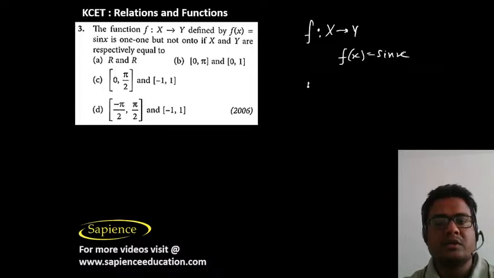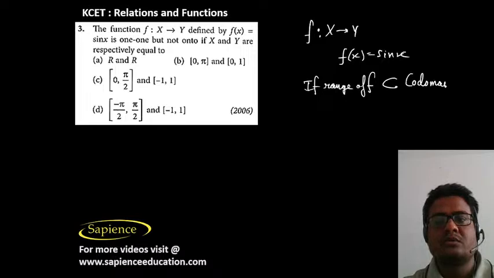But if the range of the function f is a subset of the co-domain, then only we can say that the function f is not onto.